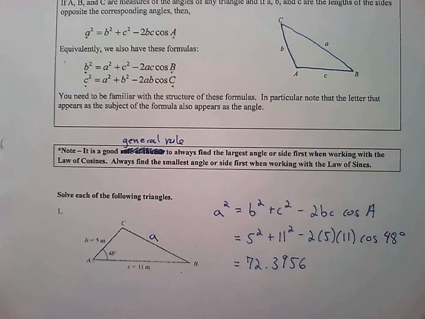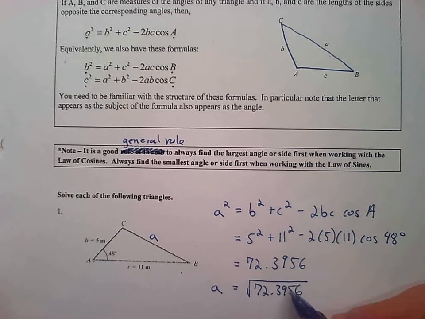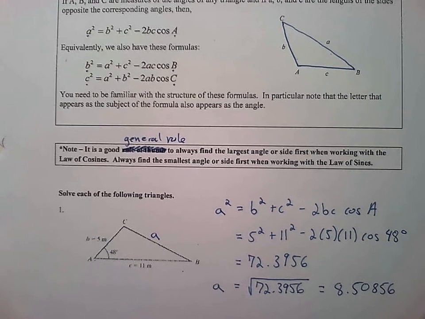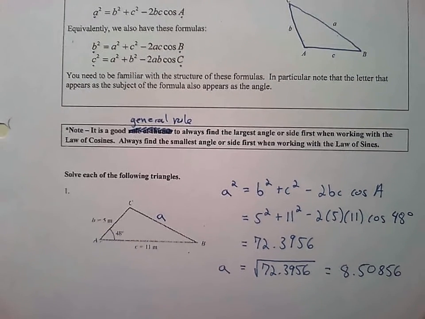And therefore, if we're trying to find just A, then we need to take the square root of this, which comes out to approximately 8.50856. So now we know what A is equal to.